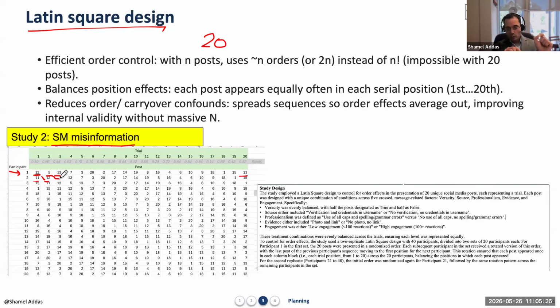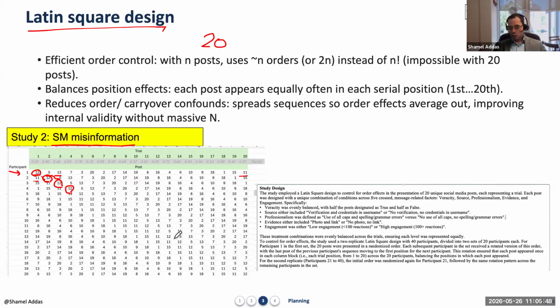So we are simply rotating the order of the posts so that every post, like post number 12, will be shown at least once in a different order. See, it's shown once in order 1, once in order 2, once in order 3, 4, and so on. So that's called Latin square.